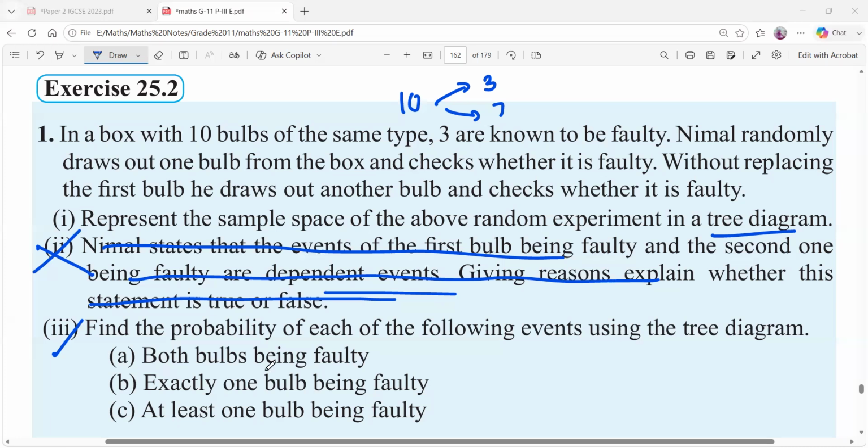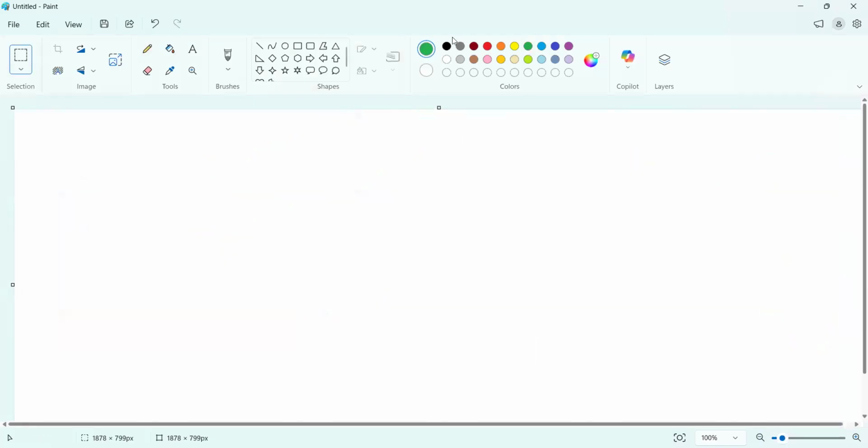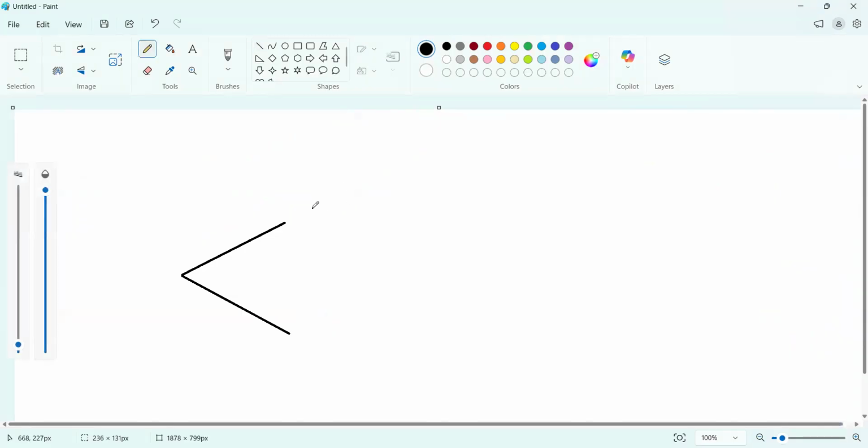Okay, so here I represent with the tree diagram. They are having a box with 10 bulbs, 3 are faulty and 7 are good. So altogether, I take faulty and not faulty.